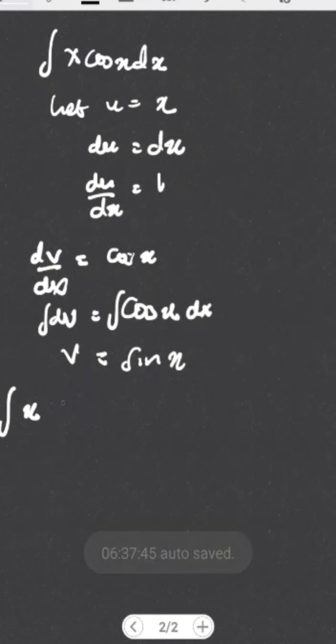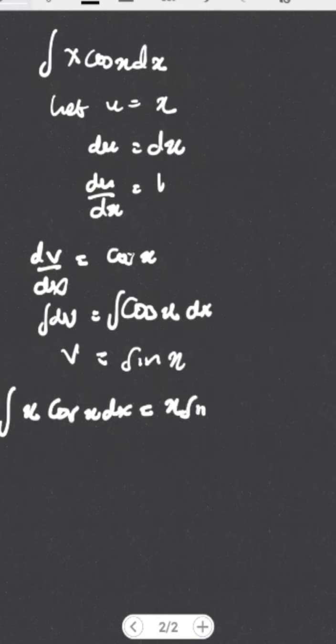Then the integral of u dv/dx dx would be equal to uv, of which my u is x and v is sine of x, minus the integral of v, which was sine of x, times du/dx, which is 1, and therefore this would be dx.